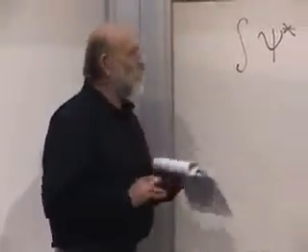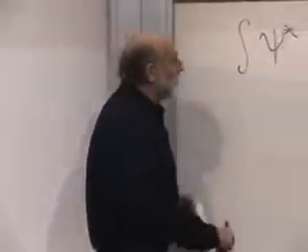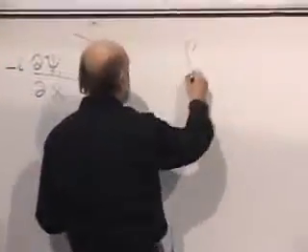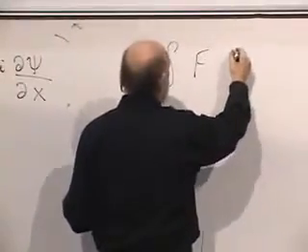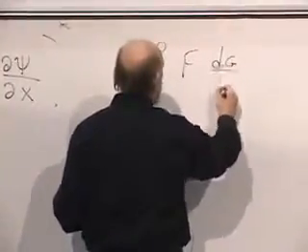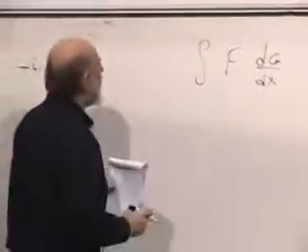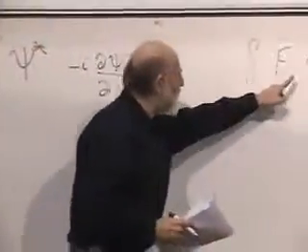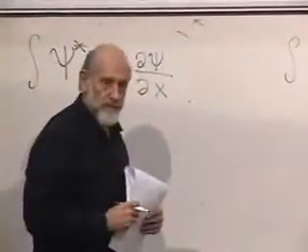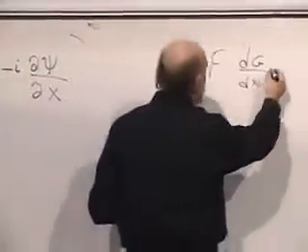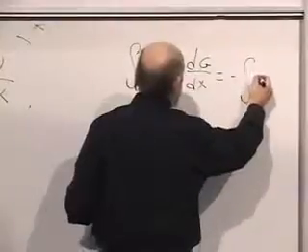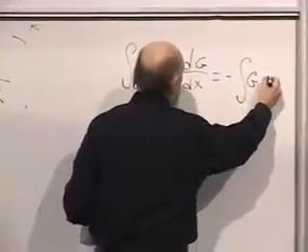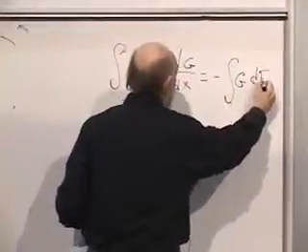Does everybody know how to integrate by parts? Integrating by parts is a very simple thing. If you have the product of two functions, f times dg by dx, and you integrate the product of a function with the derivative of another function, the answer is minus the integral of g times the derivative of f.